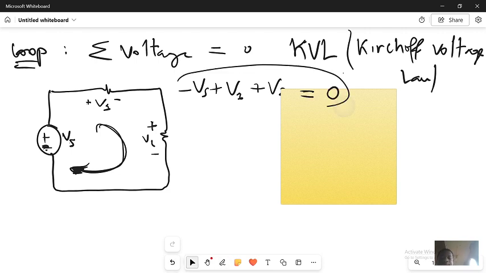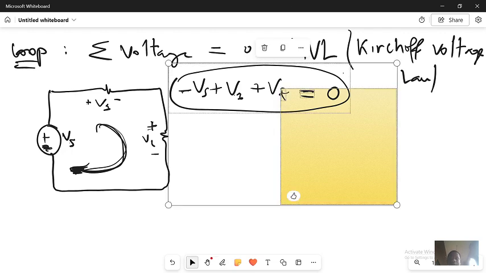That is the voltage. Meaning that the KVL says that in a loop, the summation of the voltage is equal to 0. If I put this arrow, the first one is entering the source at the negative, so I will have minus Vs. The arrow is entering this positive, I will have plus V1. This arrow is entering this positive, I will have plus V2. So equals 0.